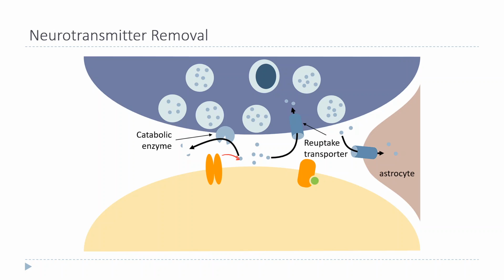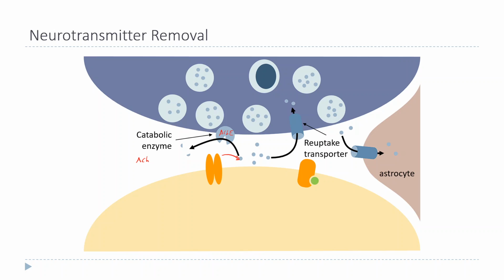So there are specific enzymes for some neurotransmitters that break the neurotransmitter down into its component parts. Actually, the only neurotransmitter that this really applies to is acetylcholine. We'll talk about this more later, but acetylcholine is removed from the synaptic cleft by an enzyme called acetylcholine esterase, which is actually abbreviated ACE.